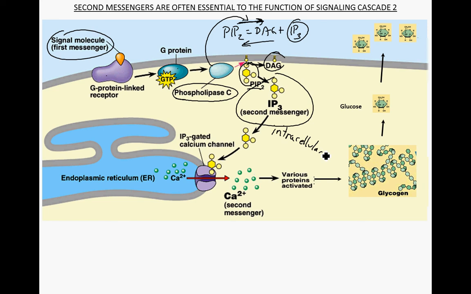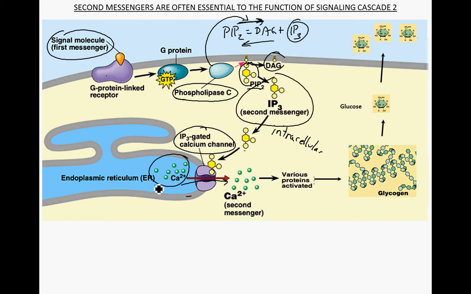In this case, this IP3 will bind to a calcium channel that's in the endoplasmic reticulum here. When this second messenger binds to this channel protein on the ER, that actually opens up the channel, and then calcium ion is able to diffuse down its concentration gradient into the cytoplasm from the lumen of the endoplasmic reticulum.